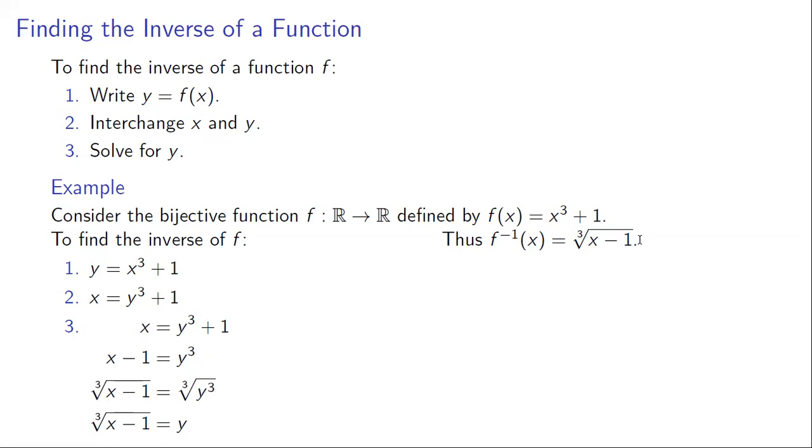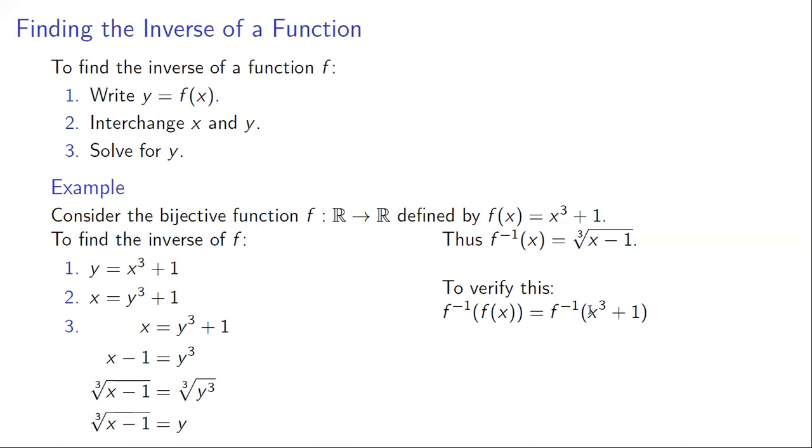Now let's verify it. We don't really need to verify it, but let's just do it. To verify that we have really found the inverse of f, let's see what happens if we do f inverse of f of x. Well, that's f inverse of x cubed plus 1. And now we have to do f inverse of this. So f inverse says take the input, subtract 1 from it, and then take the cube root of that.